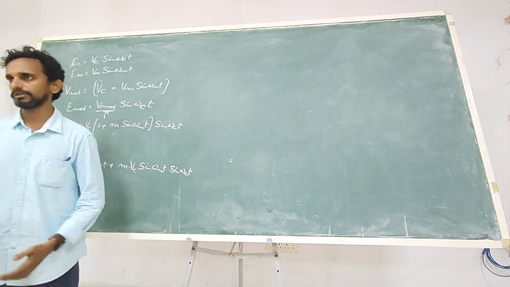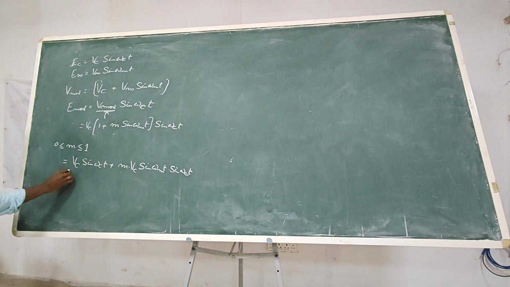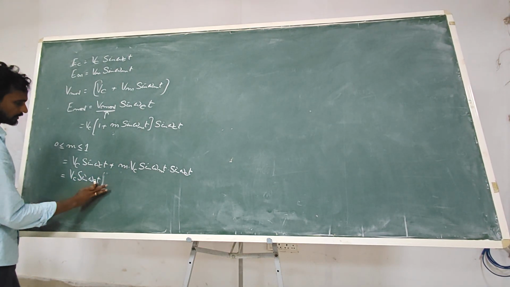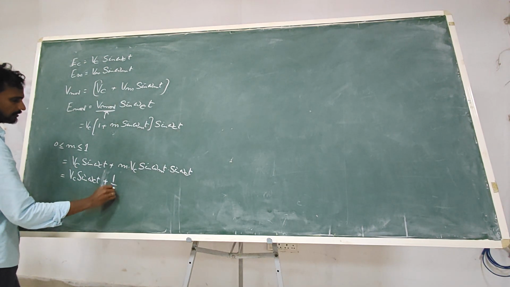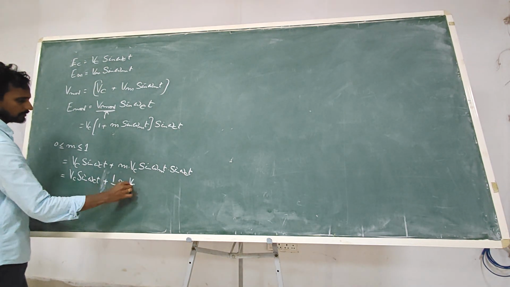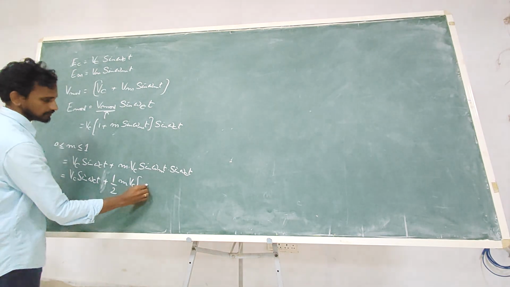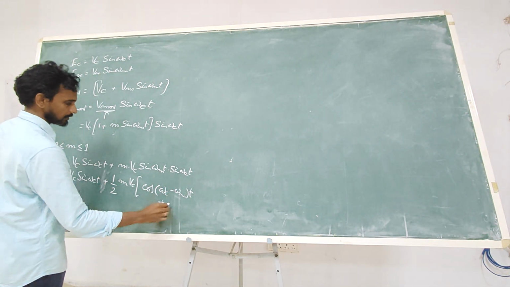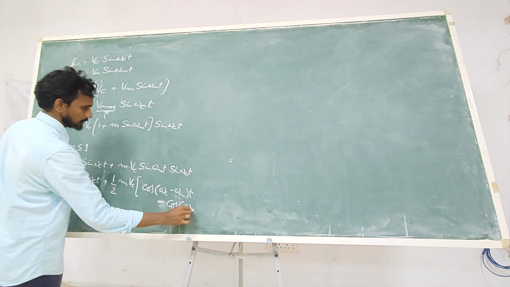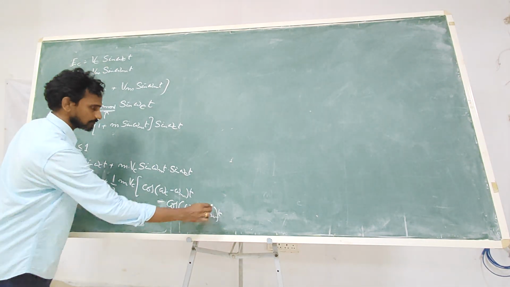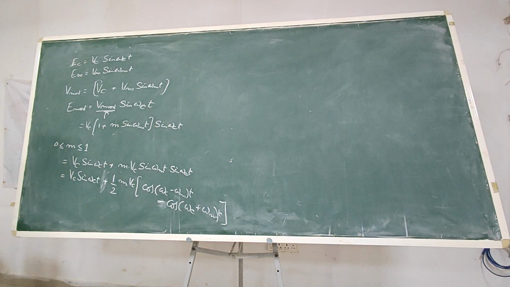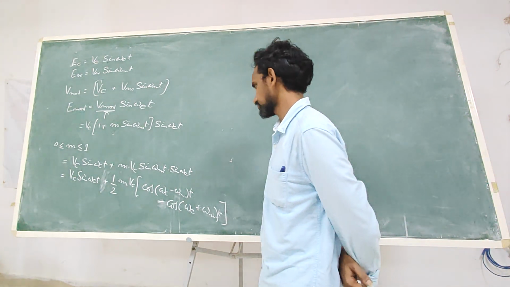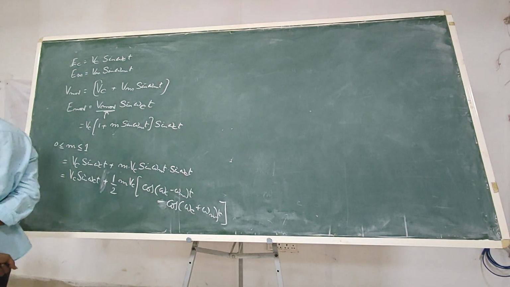So if you take the sin A sin B formula, it can be written as Vc sin omega ct plus half mVc cos (omega c minus omega m)t minus cos (omega c plus omega m)t. That is cos (a minus b) minus cos (a plus b), because omega c is assumed to be higher.